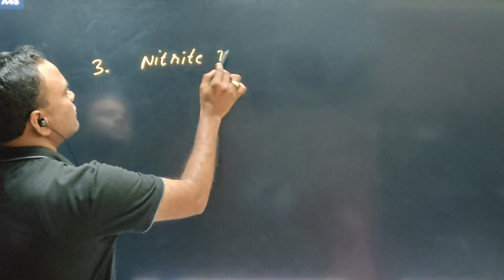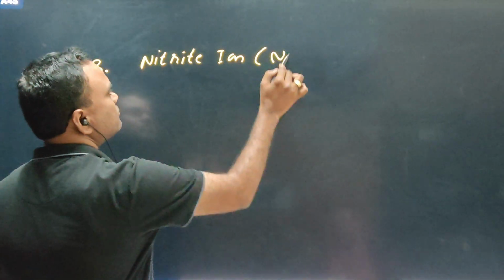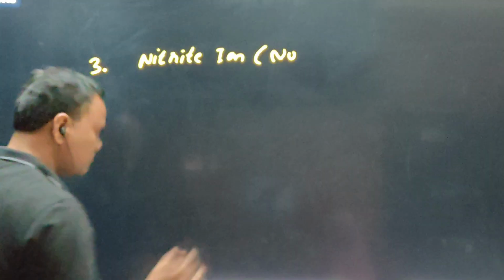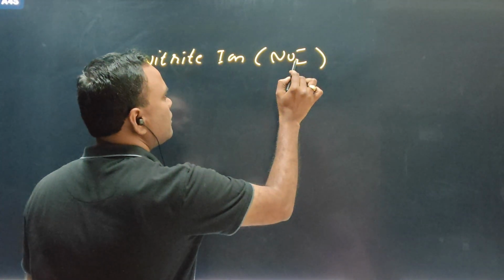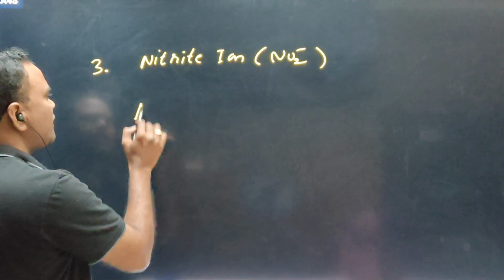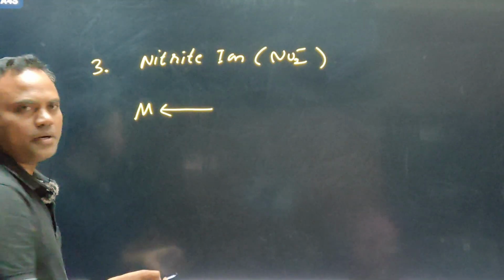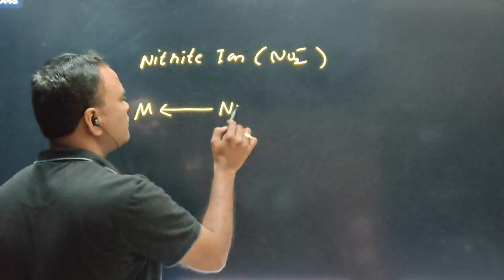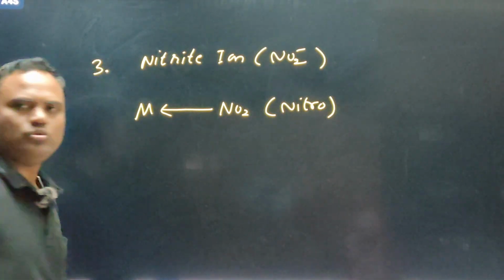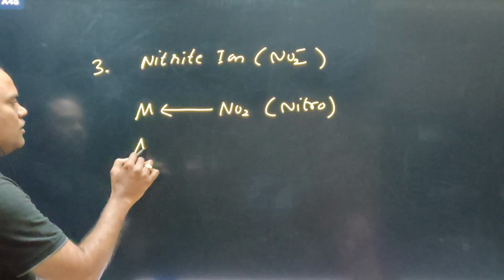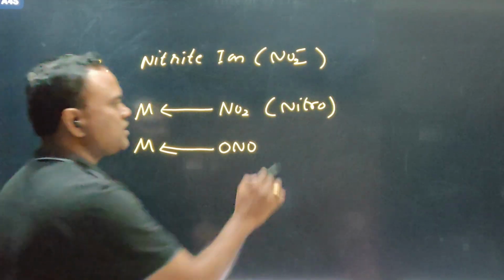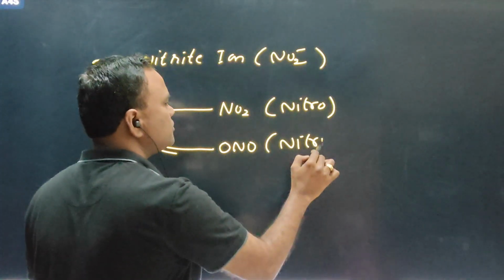Nitrite ion. First I am giving the name. NO2 minus, nitrite ion. When the nitrite ion is linked to the central metal atom with N, it is called nitro. When the nitrite ion is linked to the central metal atom with oxygen, it is called nitrito. The name will change.